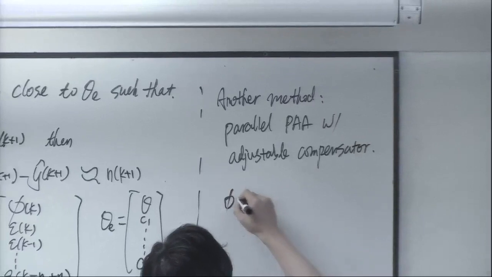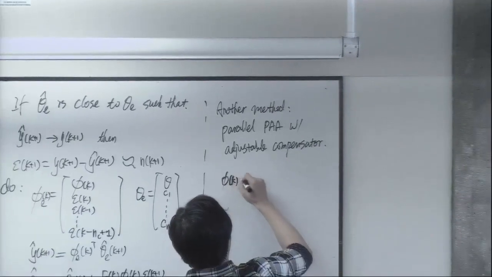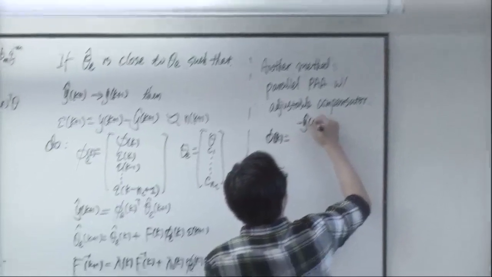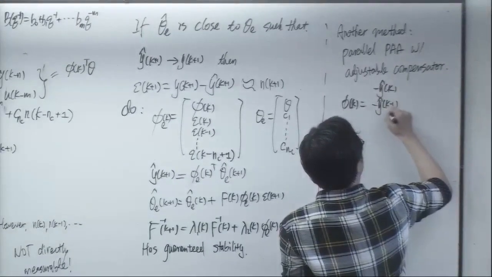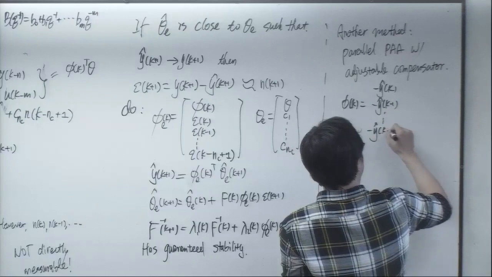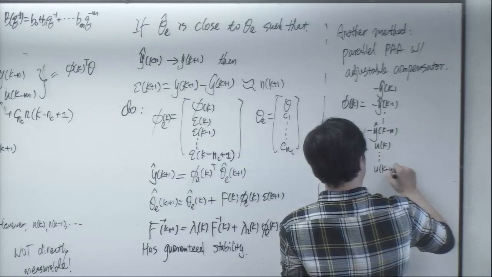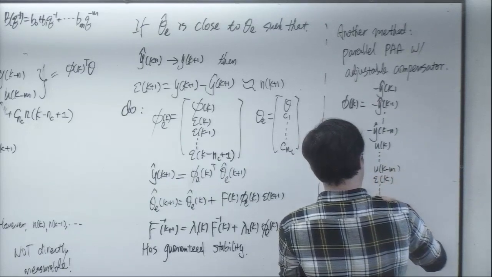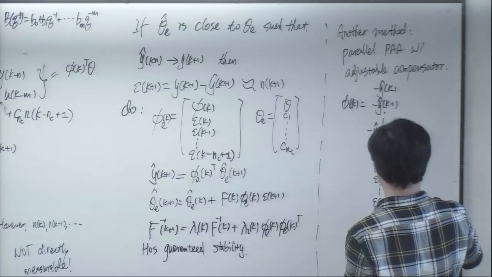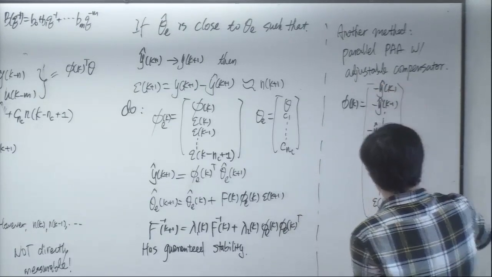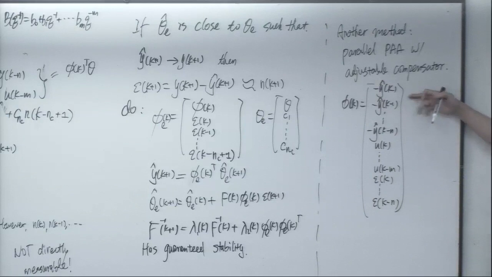All right, over there, this phi vector is actually using the estimated output. But the trick that's played over here is you are using the more statistically friendly estimated output in the phi, but you also add these adjustable compensator portion.